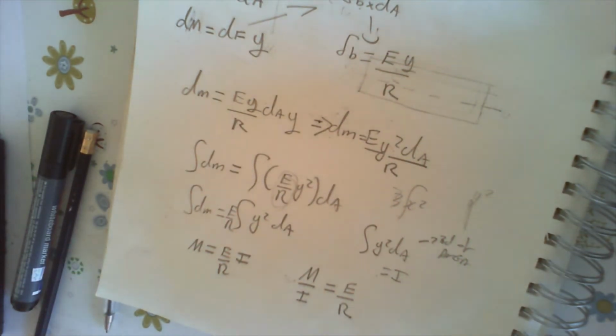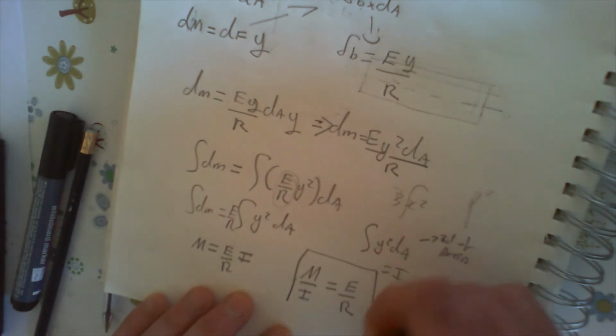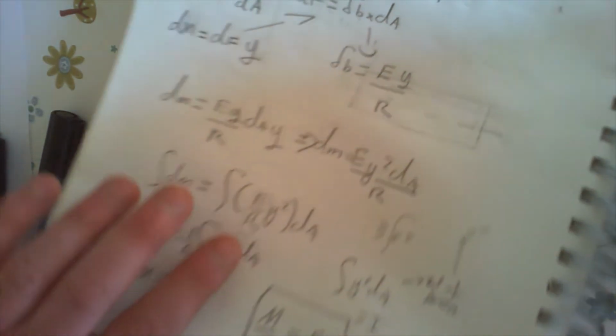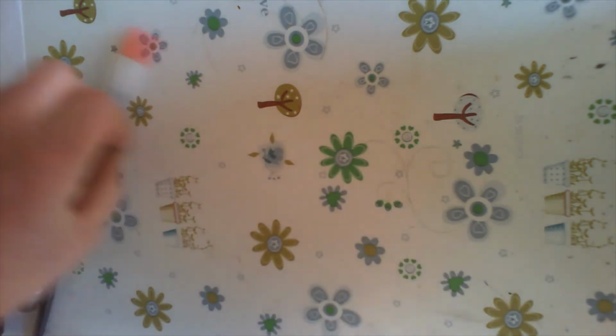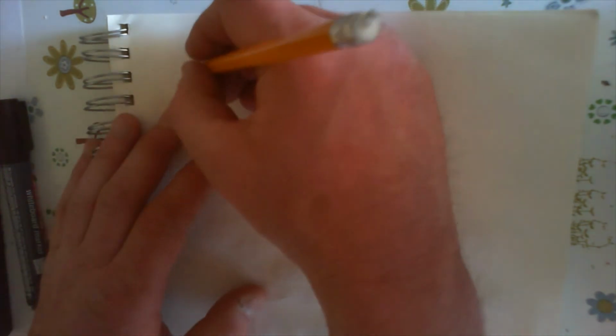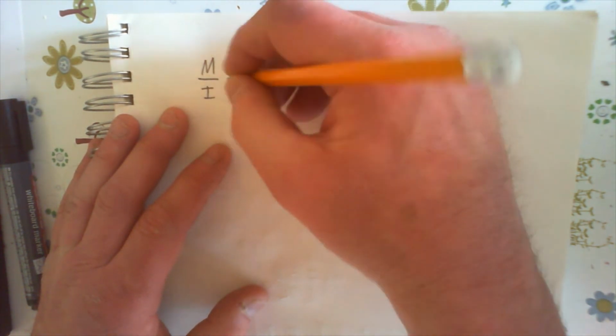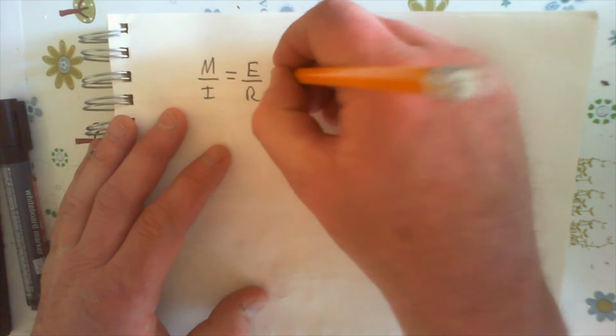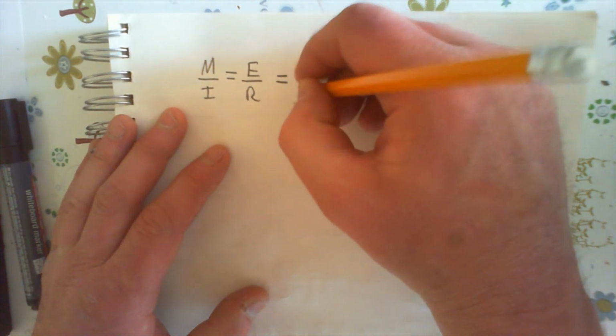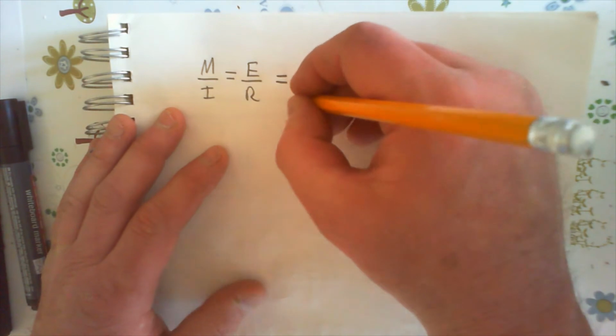We'll call this equation 2, I suppose. Then what we can do is just combine these equations to give us the main flexural equation, which is M over I equals E over r, which equals bending stress divided by y.